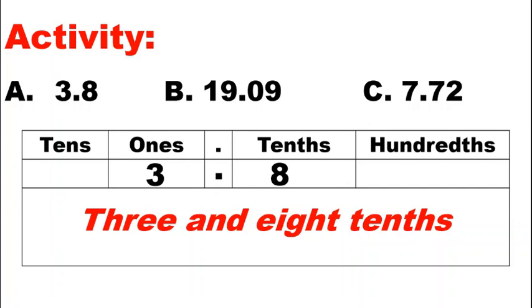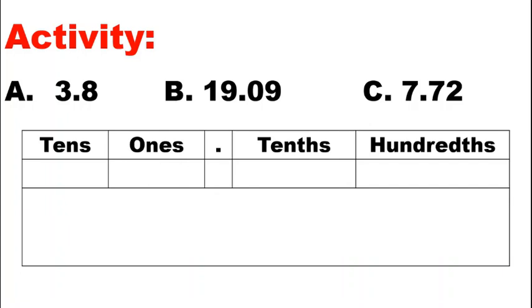Okay, time is up, so let's check your answers in letter B and C. First, we need to write letter B in its correct place value: 1 in our tens, 9 in ones, decimal point, 0 in tenths, and 9 in the hundredths. How do we write this into words?